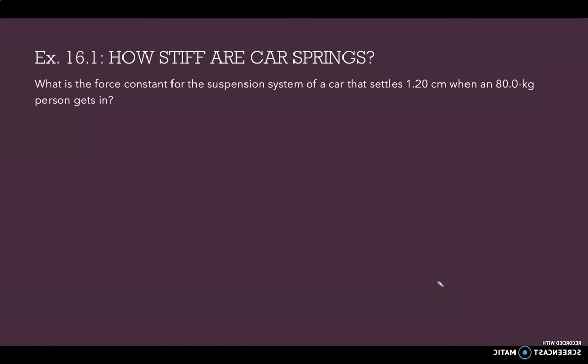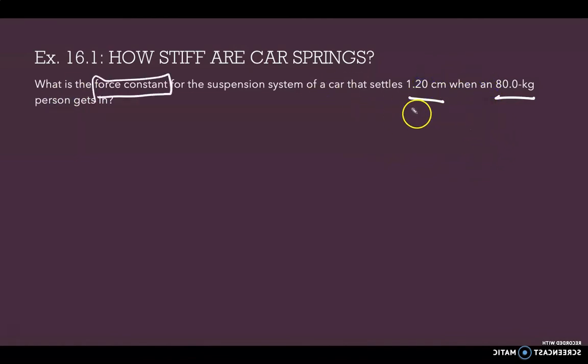So this example states: how stiff are car springs? What is the force constant for the suspension system of a car that settles 1.20 centimeters when an 80 kilogram person gets in? Okay, so again, we're looking for the force constant.